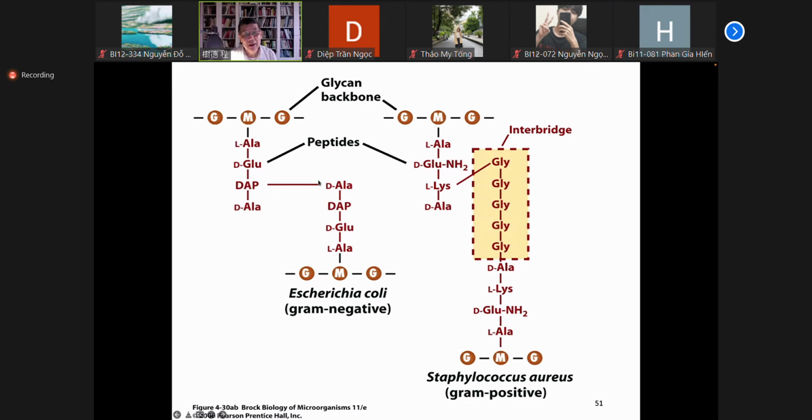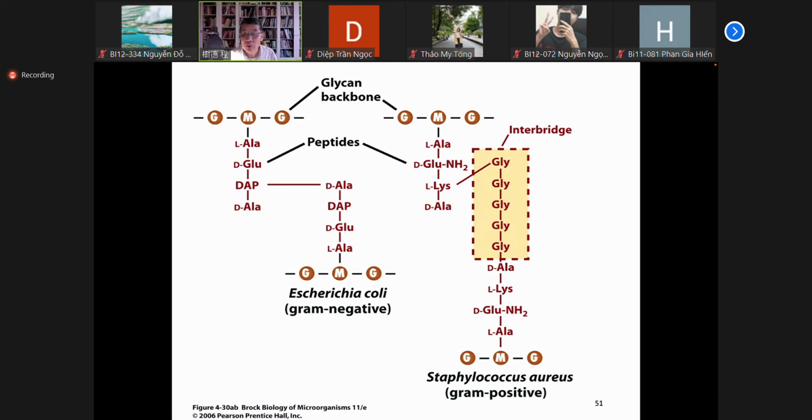Okay, during this process, there's an enzyme outside to promote the linkage of one peptide to another one. It's called a transpeptidase, and this transpeptidase has an inhibitor. This inhibitor is penicillin. Penicillin, once binding to the transpeptidase, will inhibit it.